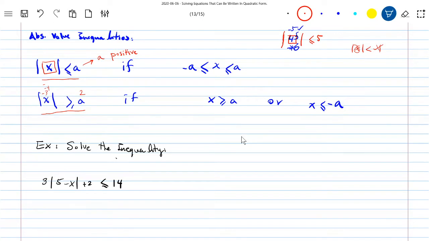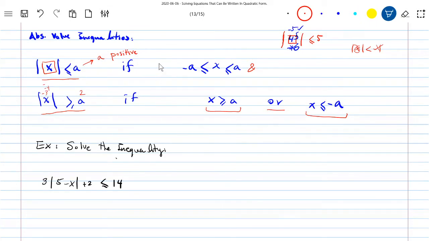So all those numbers are either greater than a or smaller than negative a. They're smaller than negative 2, like negative 3, negative 4, and so on. So in the first case, you will have an "and" situation, and in the second case, you will have an "or" situation. This is what we discussed last time in compound inequalities.